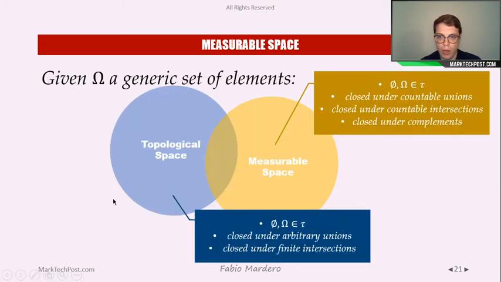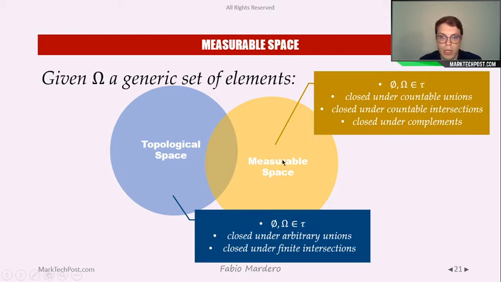As maybe you have already seen, there's a link between the properties of the topological space that we defined in the previous course, talking about calculus, and the measurable space. In fact, the first property is the same.